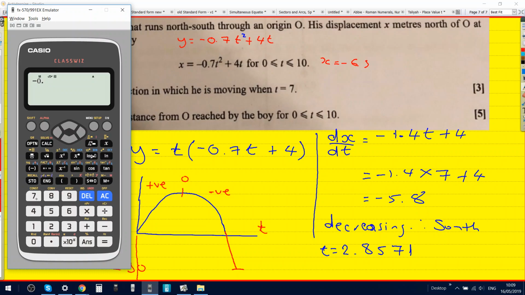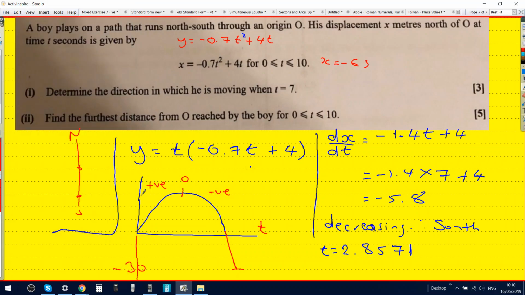So 2.57 plus 4. Is it 5.714? Yeah. So the height is up at like 5.7, 5.71.